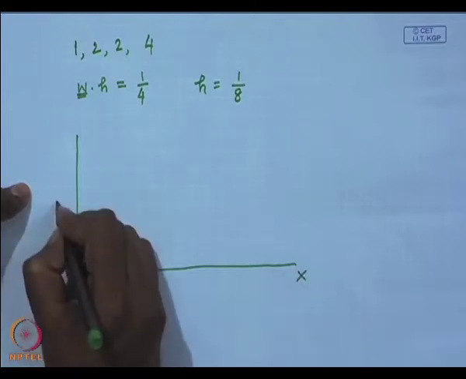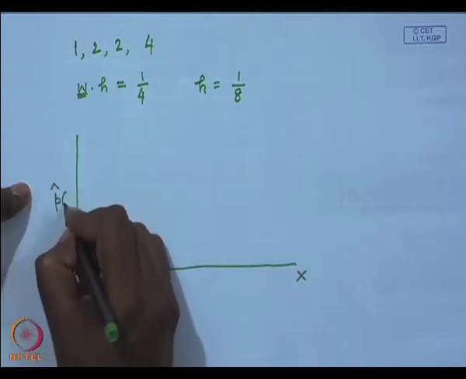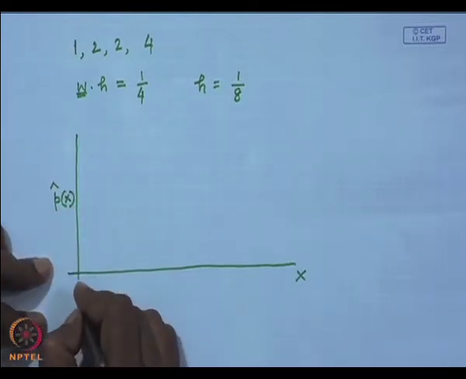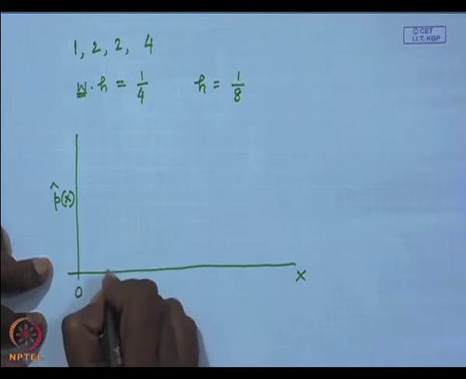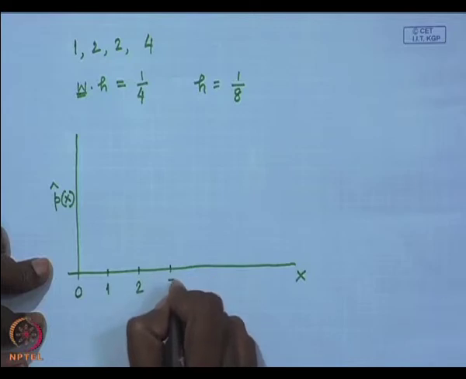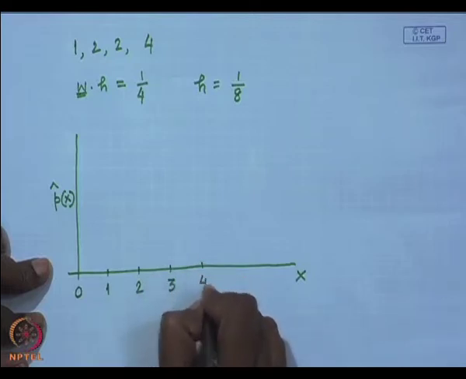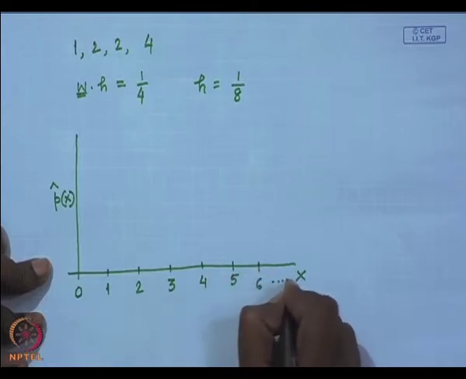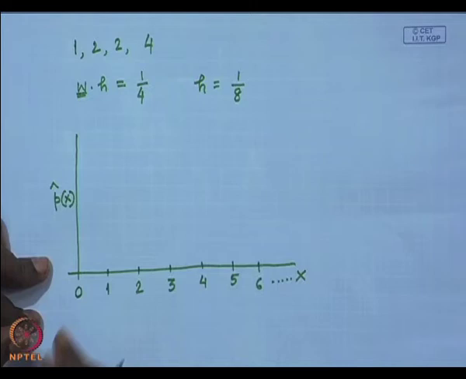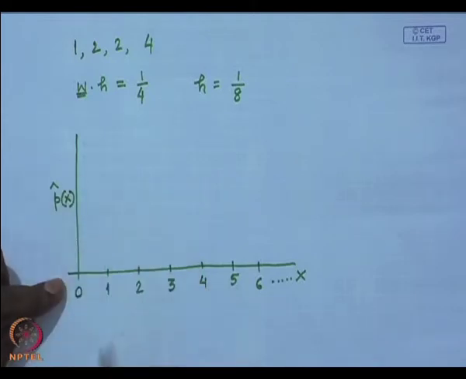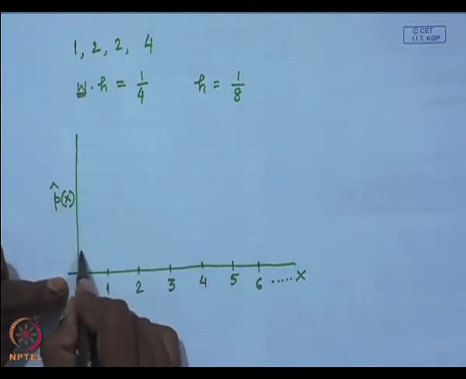I have x, I have the estimated probability density p hat of x. Again let us put 0, 1, 2, 3, 4, 5, 6 and so on. Here I will put a window of width 2 and height 1 upon 8 at location 1.